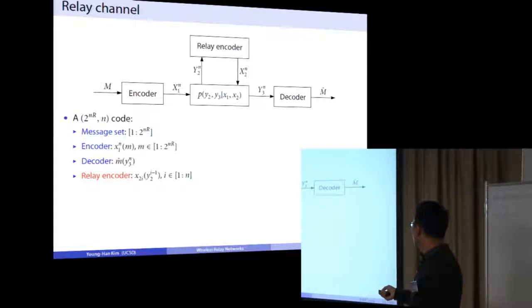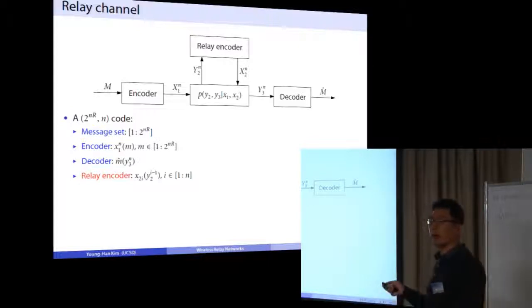So at time i, the relay input X2,i is a function of all the past received Y2 symbols, Y2,1, Y2,2, up to Y2,i-1.